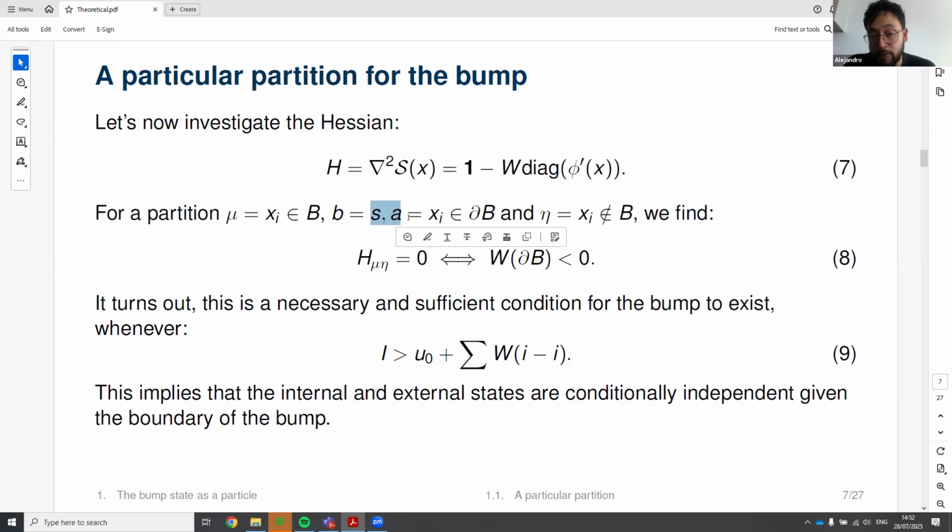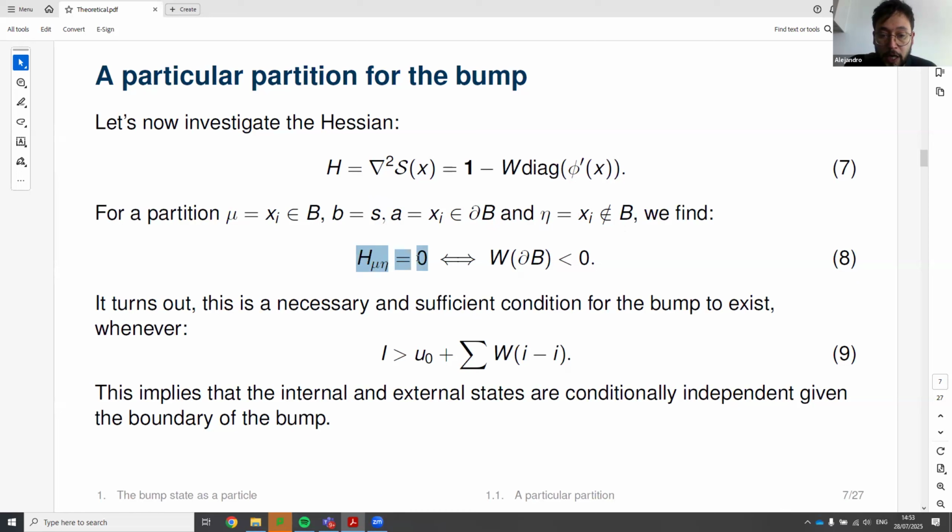I'm going to talk a little more about that in a bit, but they all belong to the boundary of the bomb. So all the neurons that are right at the boundary. We define this boundary as essentially the first neuron after the bomb that is not active. And then we have the external states, which is everything that is not part of the bomb.